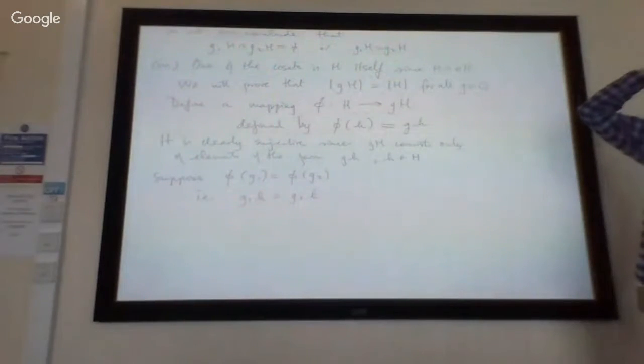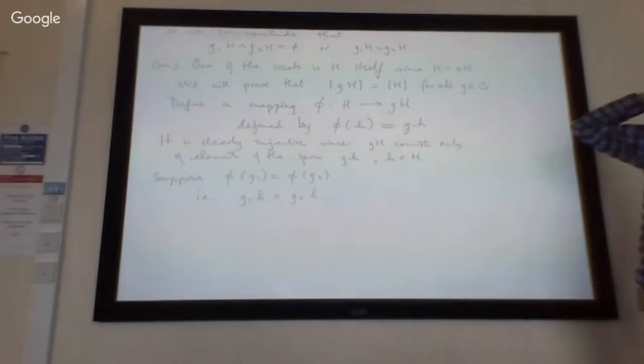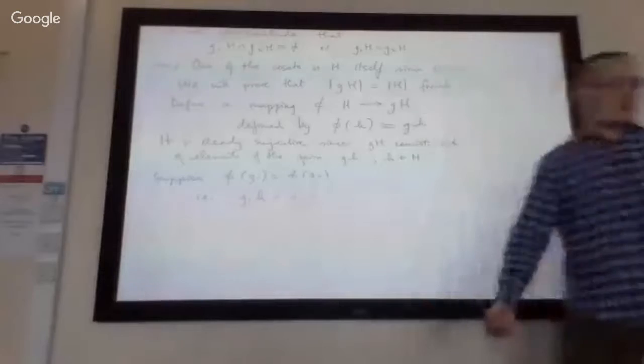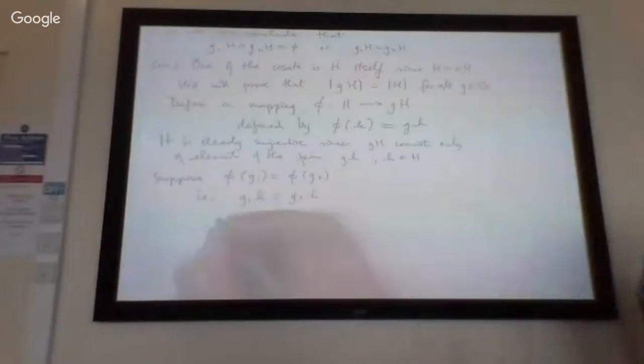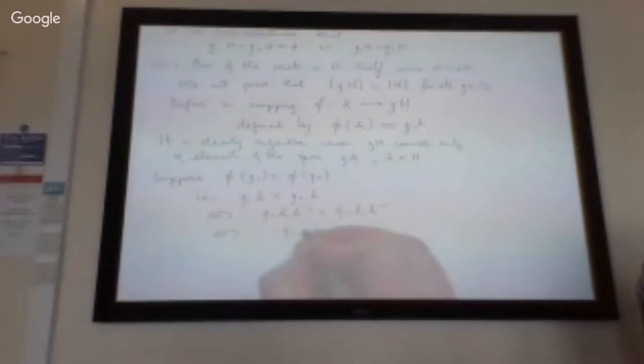Well, what can you conclude from that equation? Just using basic group ideas, g1 and g2 are equal. Yeah, the same. So you get that just by multiplying both sides by h inverse. g1h h inverse equals g2h h inverse, i.e. g1 equals g2.